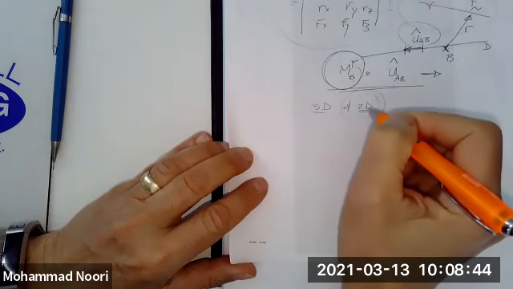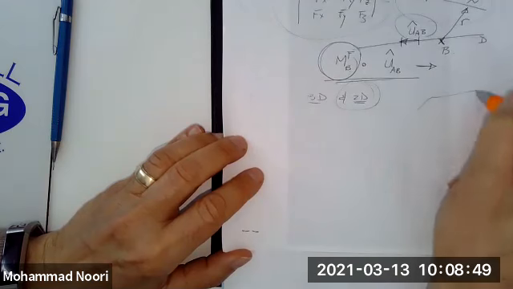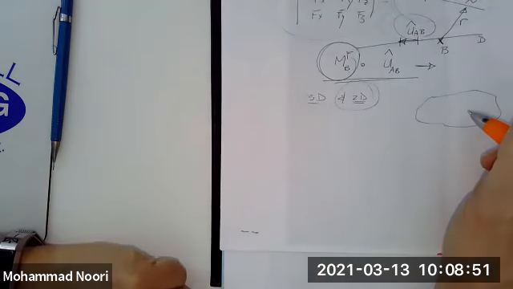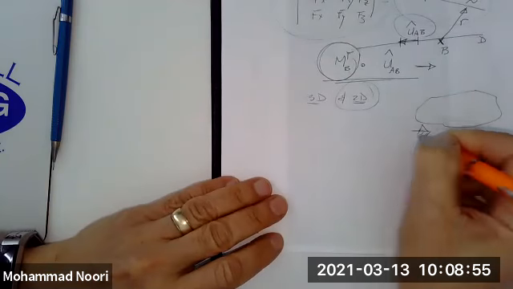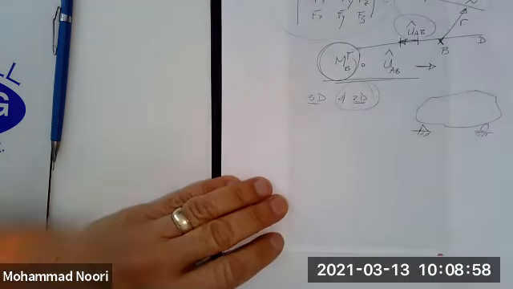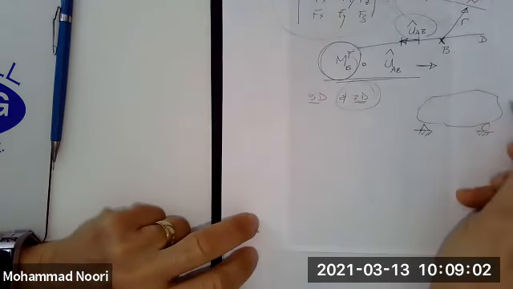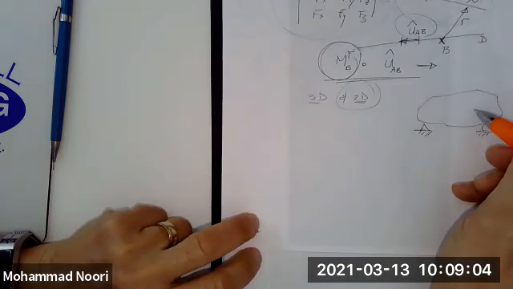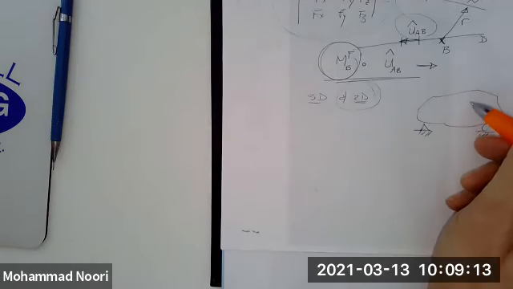In 2D, rigid body equilibrium meant if a system is supported externally by some supports, for this to stay in equilibrium, the sum of all forces and the sum of all moments of all forces acting on this object should be 0, right?